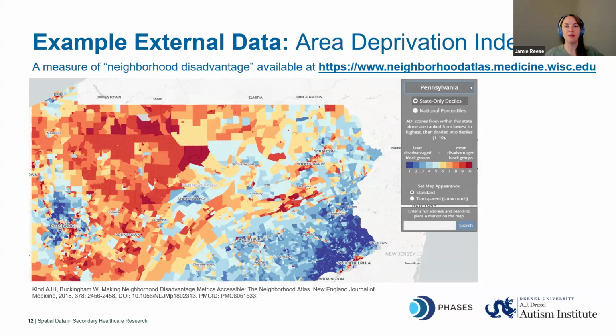They incorporate a number of different indicators from census data, construct this index, and then assign a percentile rank to each block group in the country. That's the value you'll see for the block group. They also have it available at the state level, which I think is decile instead of percentile, but it's the same concept.